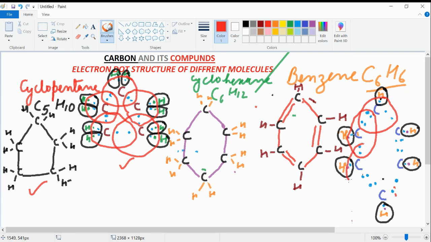Same for each carbon. So like this you can draw the electron dot structure of benzene. Its molecular formula is C6H6 and this is its structural formula, and this is its electron dot structure.